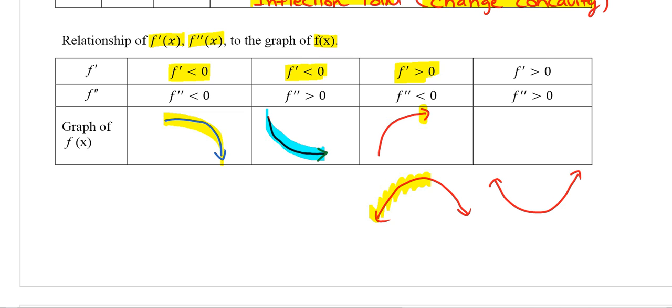And finally, this last part here, I have my first derivative being positive, so that deals with this part right here, because these are all positive slopes. So my graph looks like that, which corresponds to this part of the graph. All right, let me just delete that, and there it is. Here's my table. If I combine my first and second derivatives, these are my possible choices. All right, let's move on now.